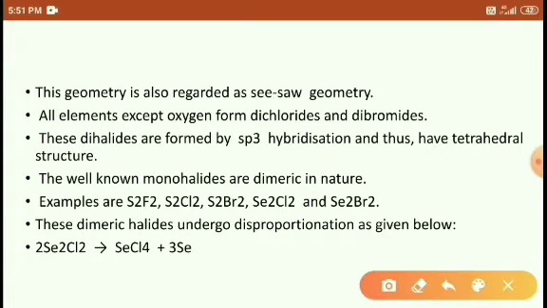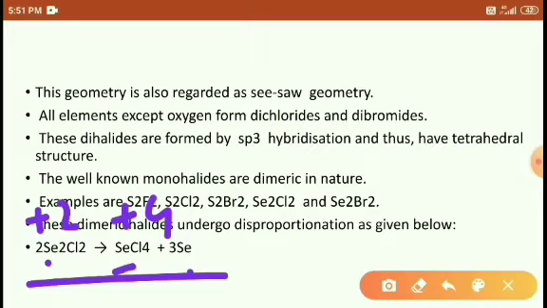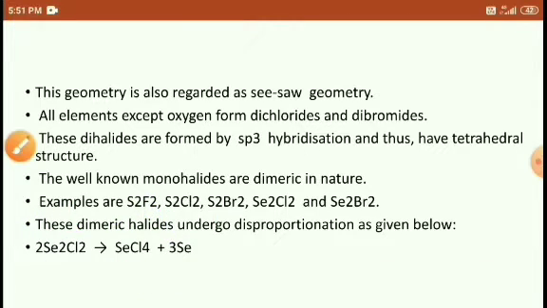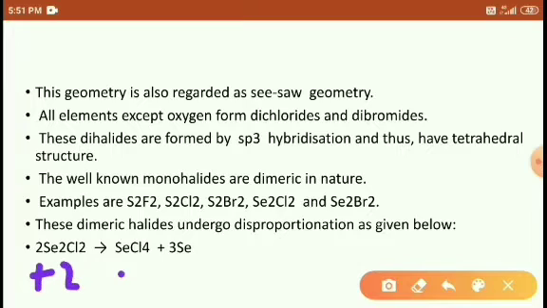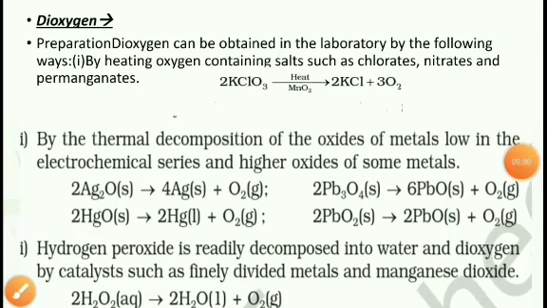So here you can look at the selenium showing different oxidation states in a single reaction, students: the +2, the +4, and 0.